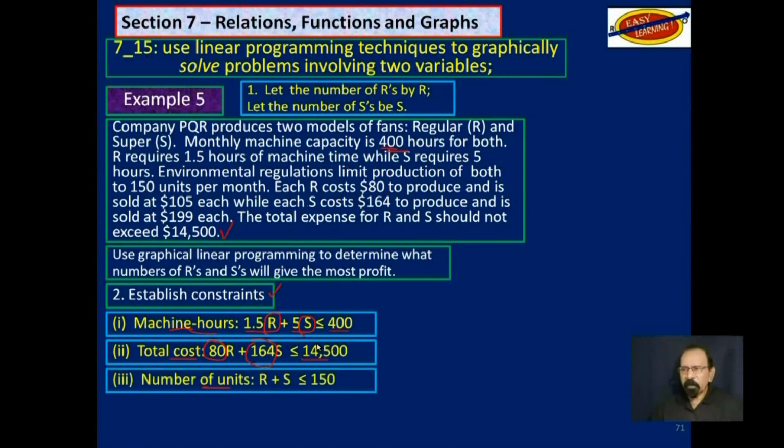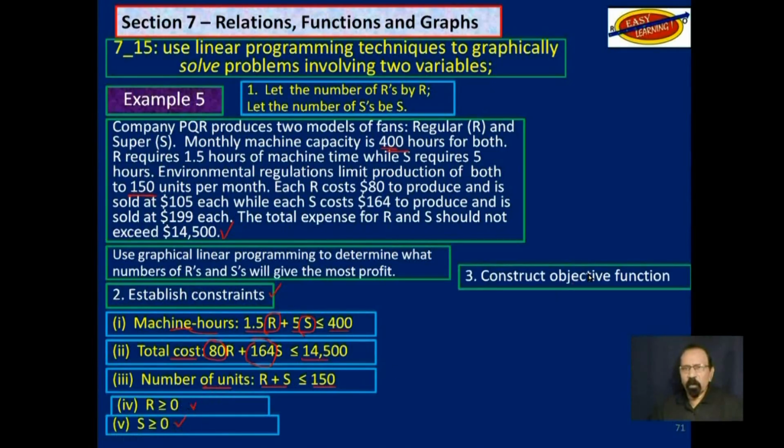Thirdly, number of units. R plus S must not exceed 150 units per month. And we have these other two. R must be greater than or equal to 0, and S must be greater than or equal to 0.